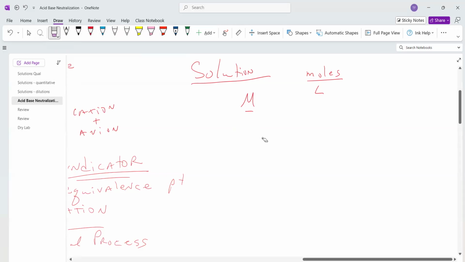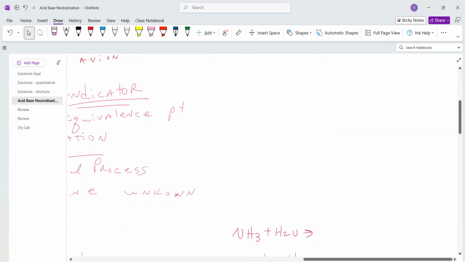Okay, so strengths of acids are reflected in pH, and pH has molar concentration built into it. So I'm going to write down what pH is, but don't you write it down. It's just to kind of tell you what it is.